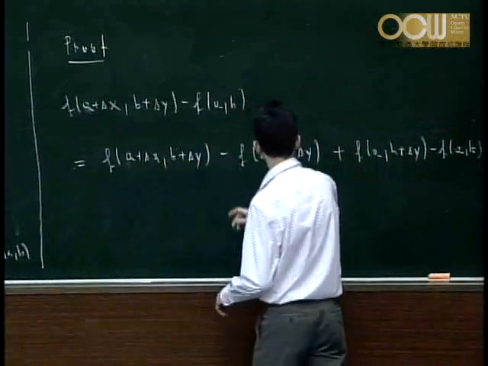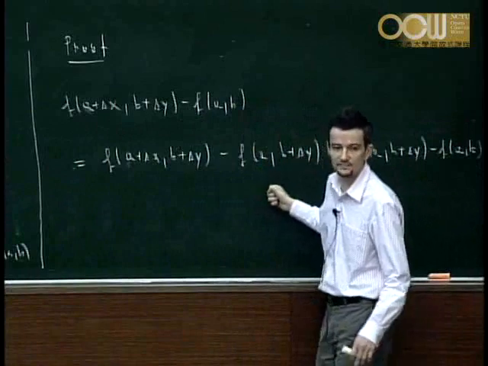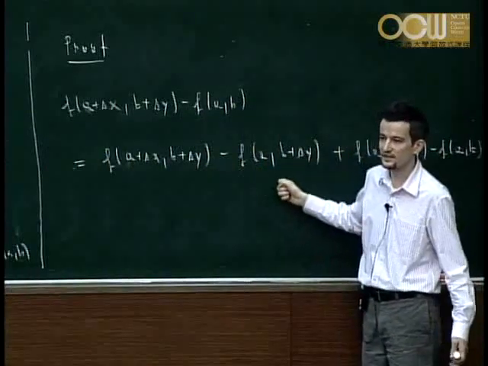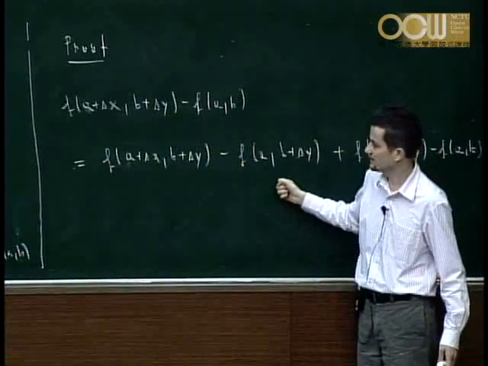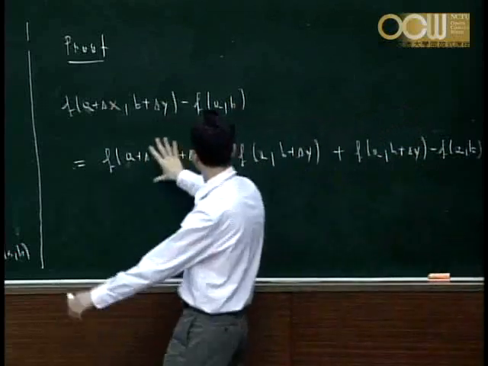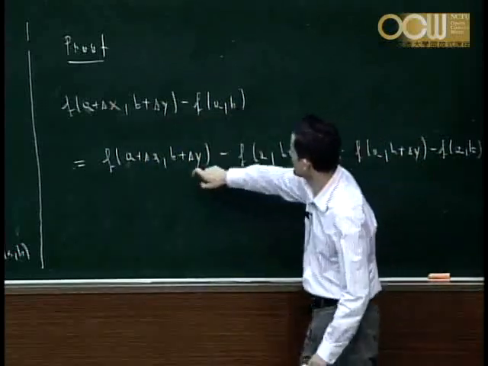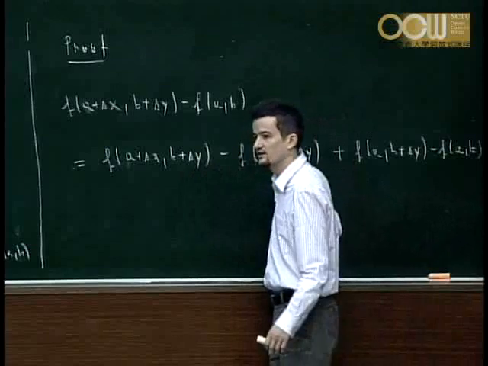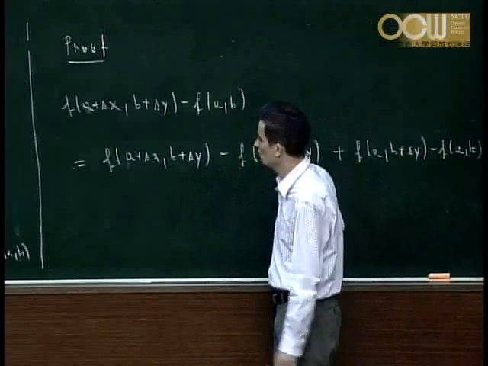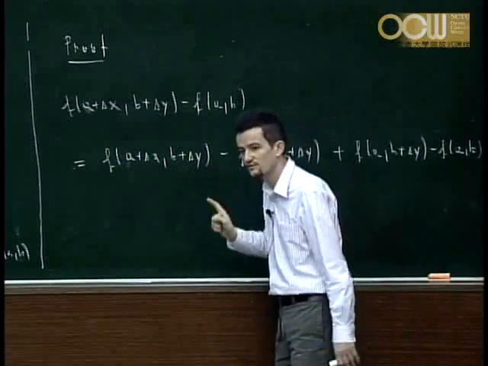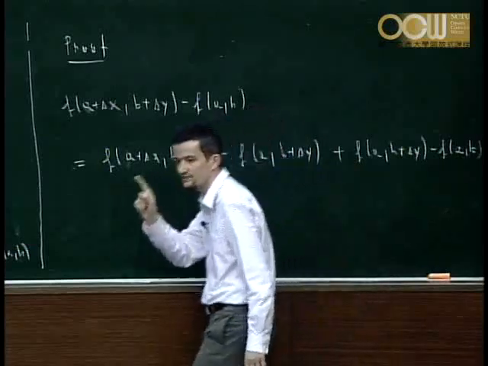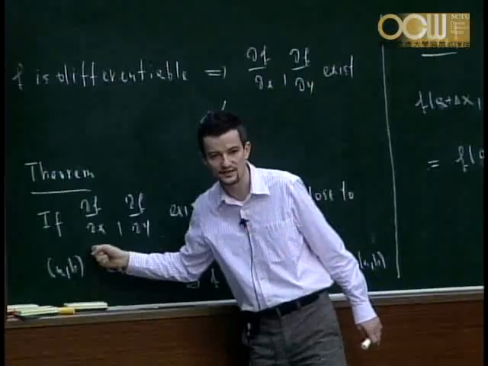If you look at something like this here, for something like this, I can apply the mean value theorem. This is what I have gained. Here we can use the mean value theorem, because now the second coordinate is fixed, and with respect to the first coordinate, the function f is continuous, because it's even differentiable with respect to the first coordinate.